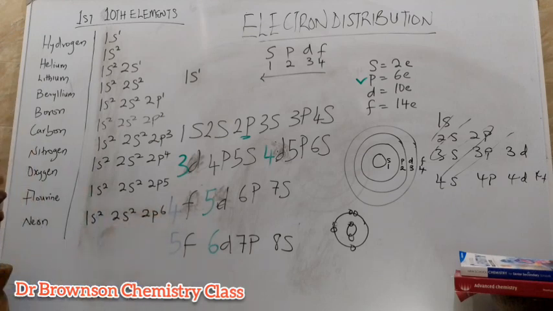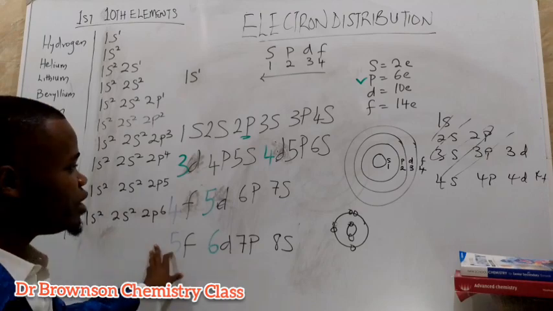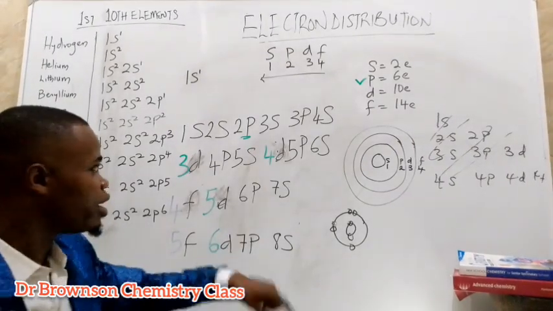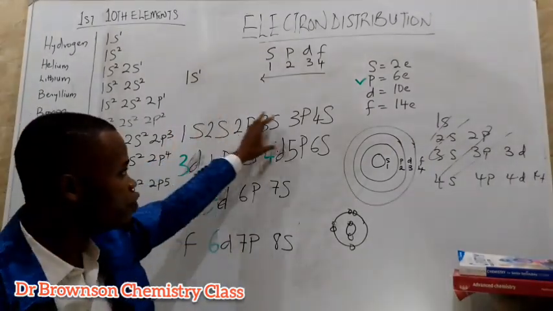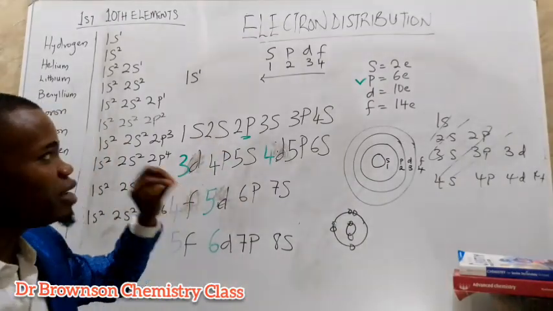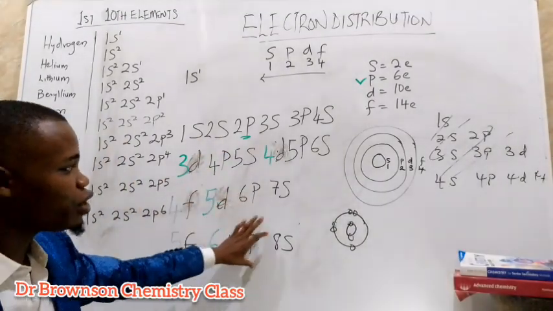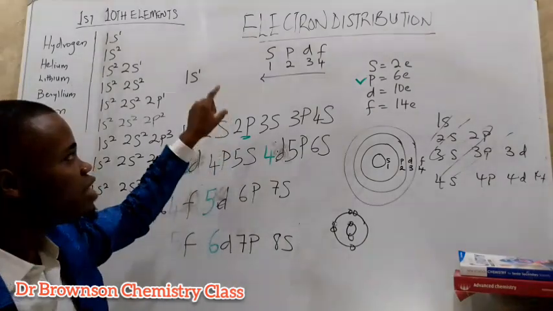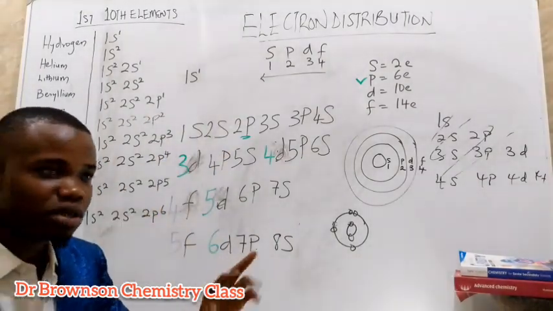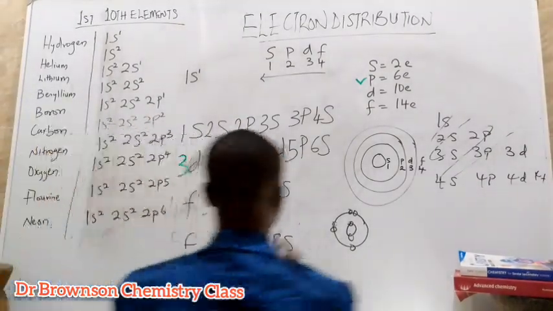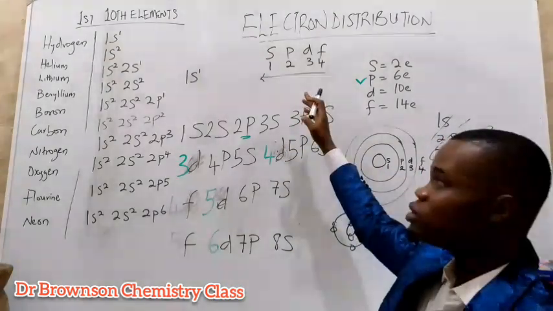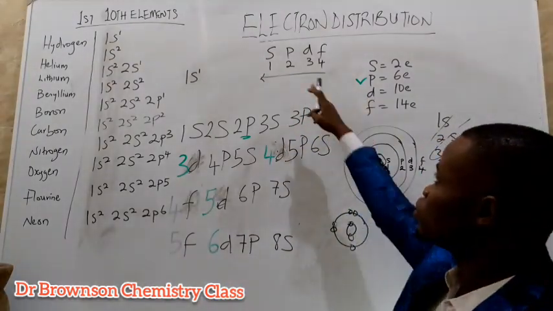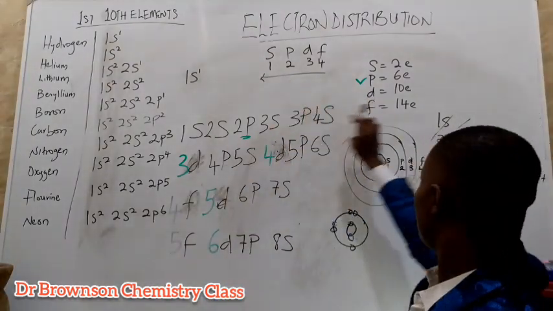Now, as the element increases in number, you'll be making use of all these. So remember, the easiest way to write the configuration is to write each block 2 times backward. If you write each block 2 times backward, you see, come back to this.